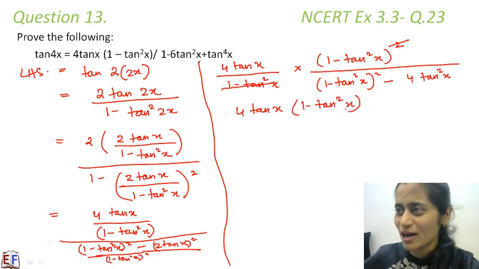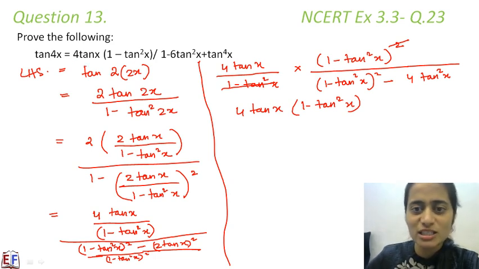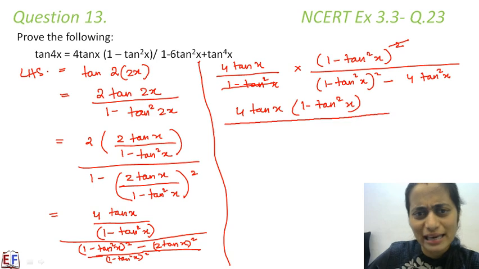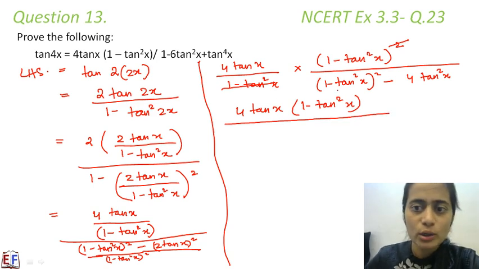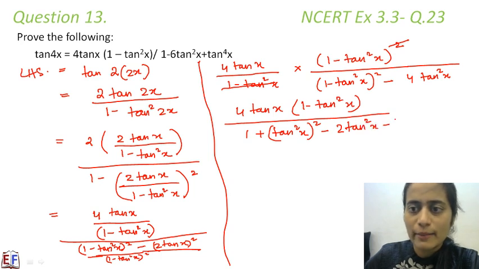So now you see we are almost reaching there. If you look at the right hand side, the numerator we almost got it already. So only the denominator part is left. In the denominator, this is in the form of a minus b whole square. So we can write it as a square plus b square minus 2ab minus 4 tan square x.